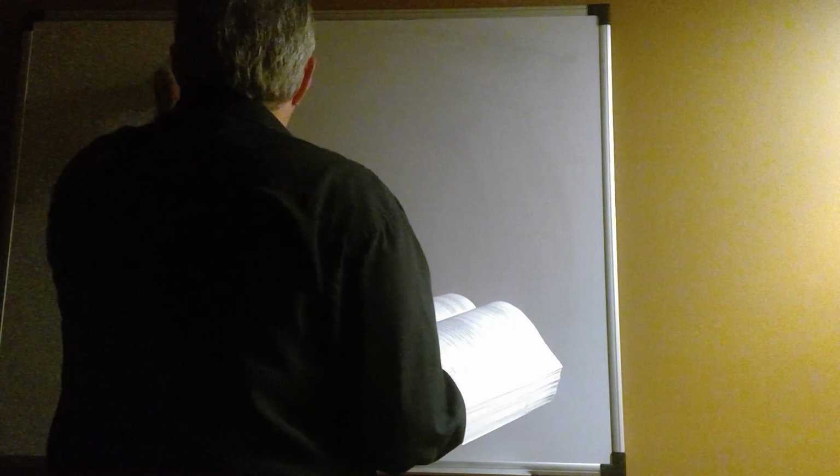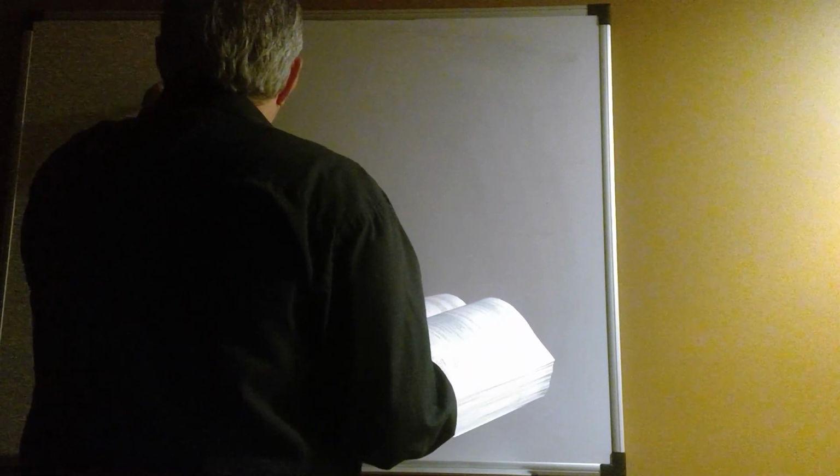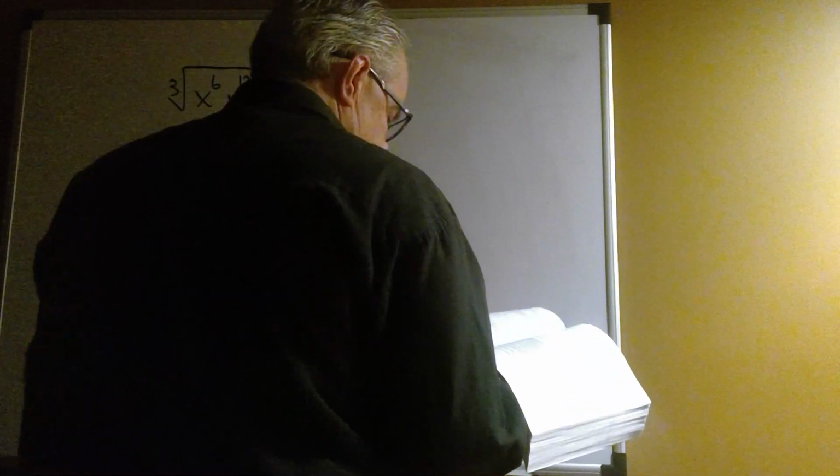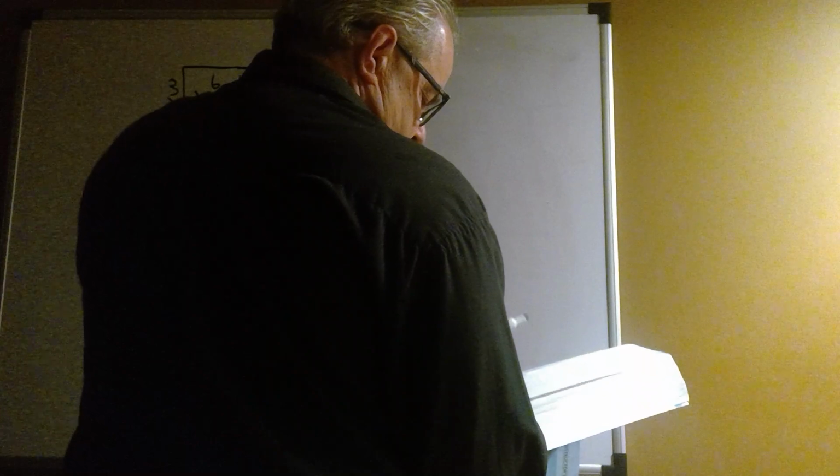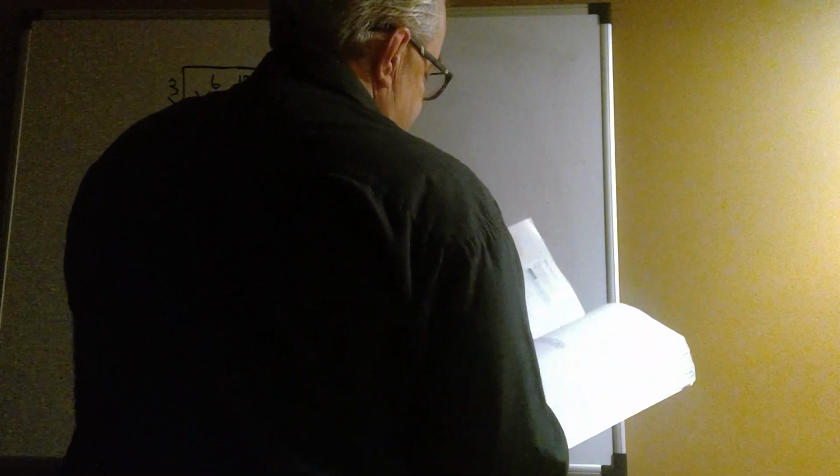How about it? Well, here they are. So example 5, I've got the cube root of x to the 6th and y to the 12th. That's my first one. How many do I have here? 2? Yeah, there's 2 here. So I'll put them both here, side by side.